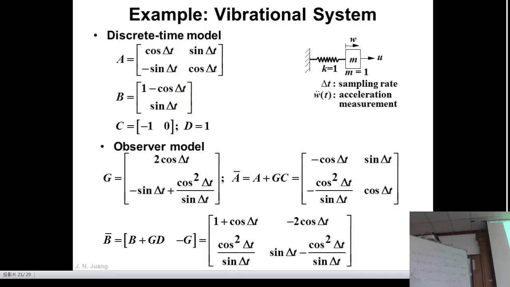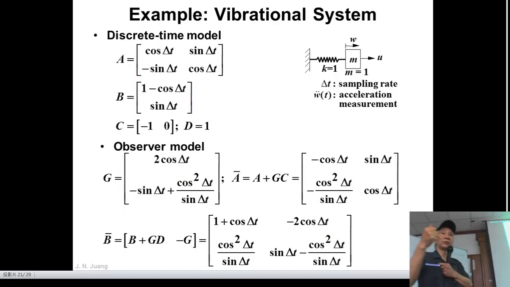What kind of G can I use? What kind of observer gain G can I use for my observer model? That's important. The observer gain G will be the one that determines how fast or how accurately you can estimate your state. So in terms of speed, in terms of accuracy.